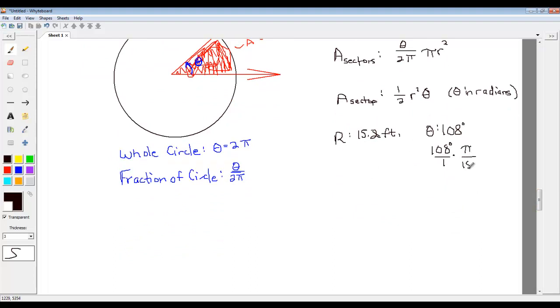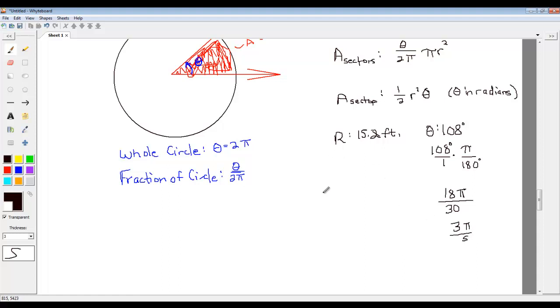So times by pi over 180. Let's see, 6 will go in evenly. 18 pi over 30. And then 6 goes into that. You got 3 pi over 5.